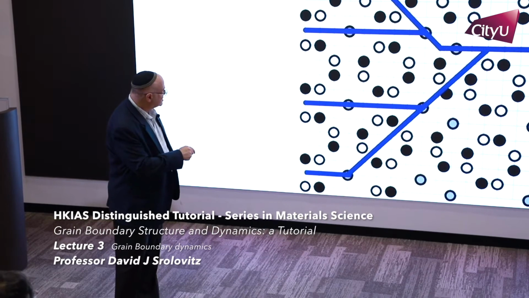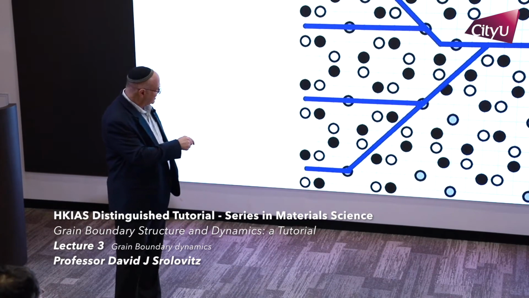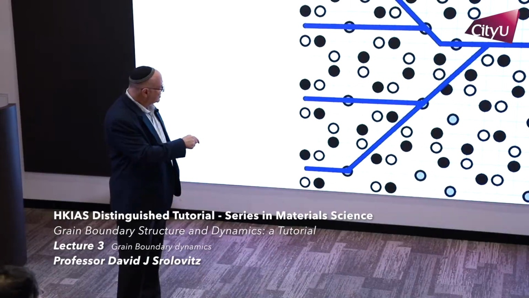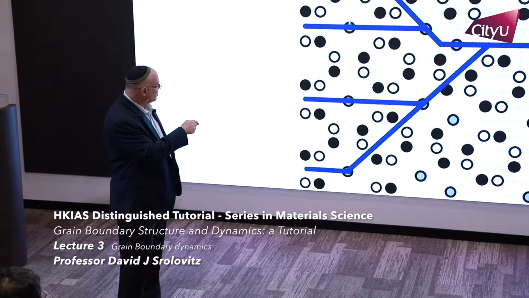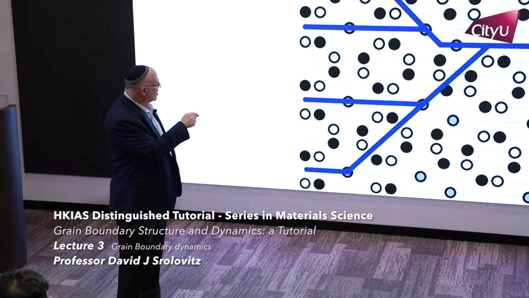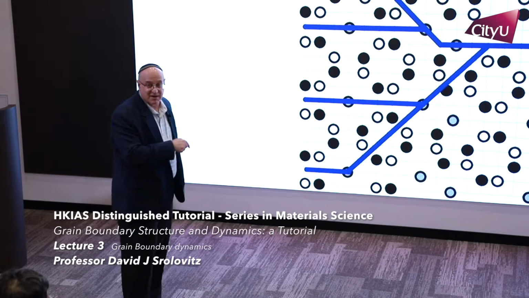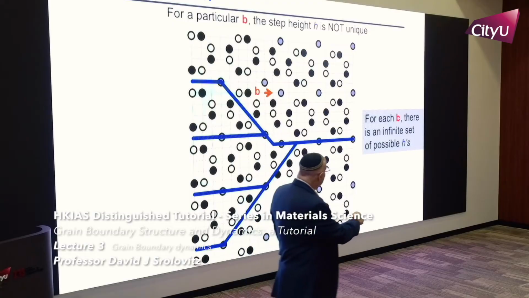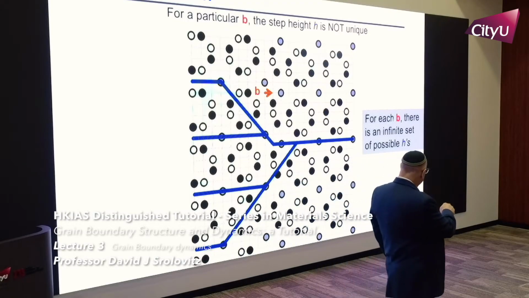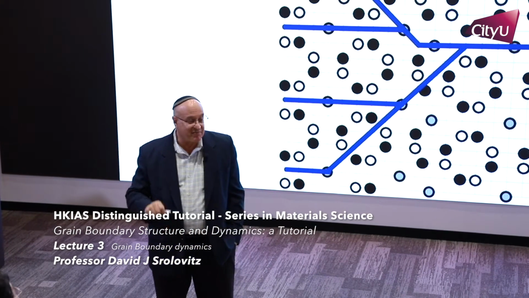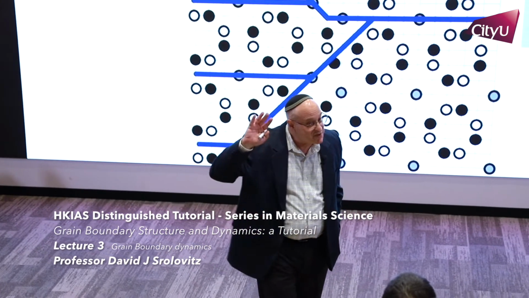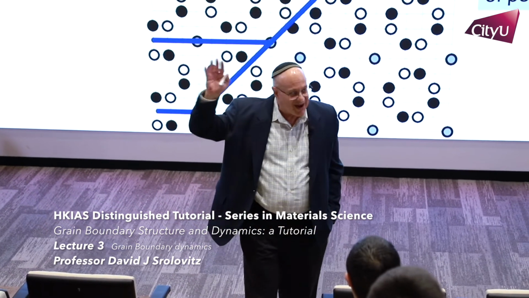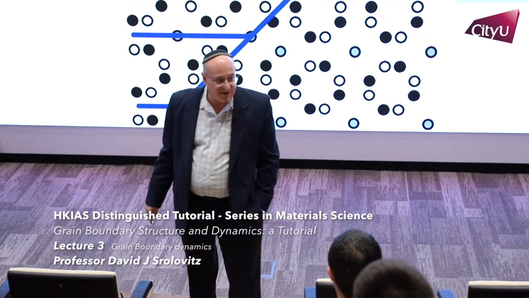There's a series of possible steps, and it's just a regular series. If I know how big the smallest one is, I can figure out all the other ones because they are one CSL spacing apart. So for each Burgers vector, there is an infinite set of possible heights that may exist. I'm not saying which ones do exist in practice, but all of those are possibilities.